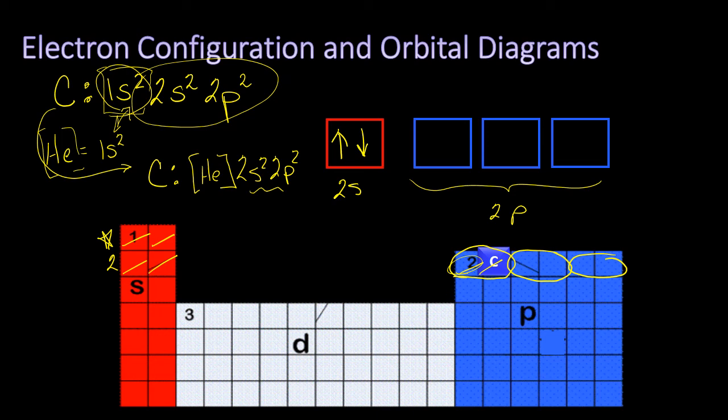But the Hund's rule, in case you want to know, says one apartment at a time. So we have two lonely little electrons here. One will go here, and the other one will go here. We don't start doubling up the apartments until all of the apartments have had a single occupant.